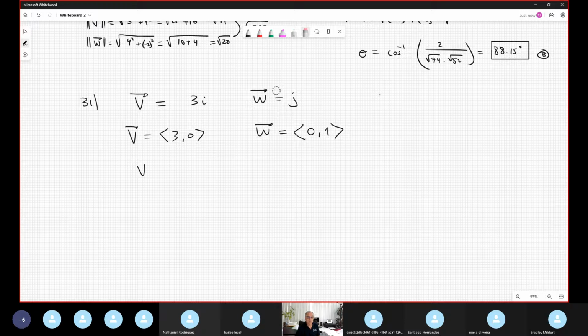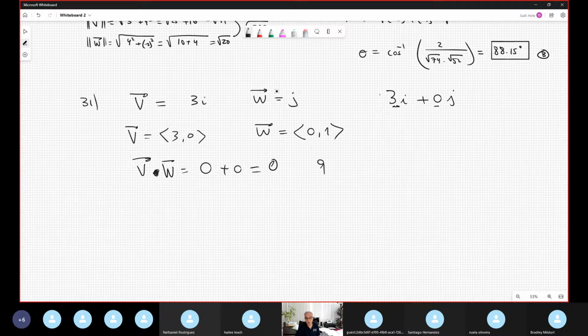Okay, and this one is similar. Look, 3i alone is 0j. This 3 is this 3, and this 0 is this 0. Makes sense, right? Now perform the dot product. 3 times 0 is 0, and 0 times 1 is 0. So the dot product is 0.